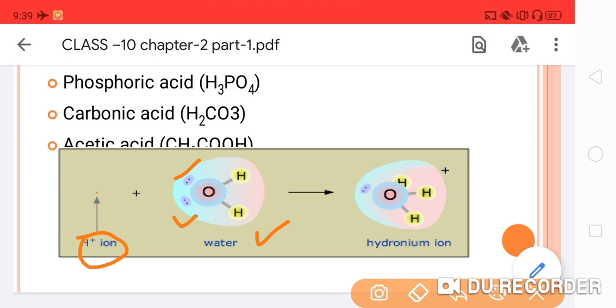One pair of these non-bonding electrons will attract the hydrogen ion towards it and form a bond with the H+ ion. By this process, the H+ ion gains stability in the form of the hydronium ion. So this is the mechanism by which the hydronium ion forms inside the water.